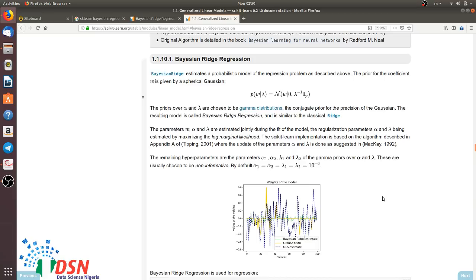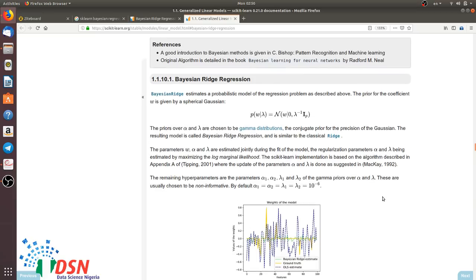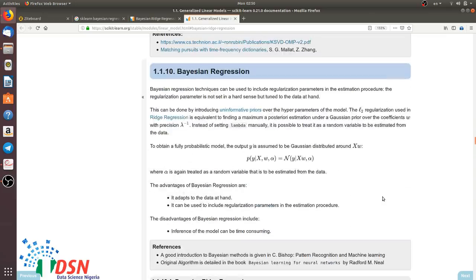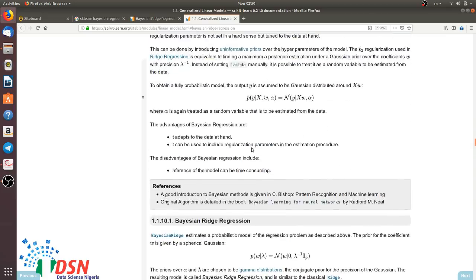The obvious advantage of the Bayesian approach is that we don't need to set the lambda value or regularization parameter. The main advantage of Bayesian regression is that we don't need to choose lambda, and it will be updated in an iterative manner with data.